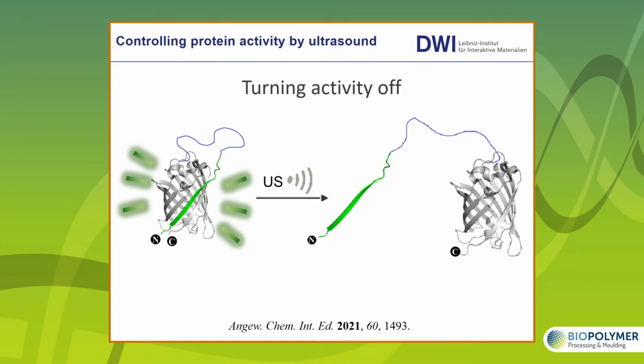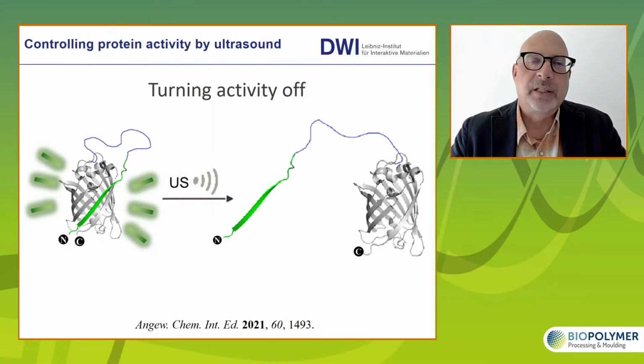In this case, we have chosen green fluorescent protein, which is easy to monitor. We engineered a loop structure, as you can see on the left-hand side, into the barrel structure. And this loop structure is a biophysical transducer for ultrasound. Once you apply ultrasound to a solution, you generate cavitation bubbles.